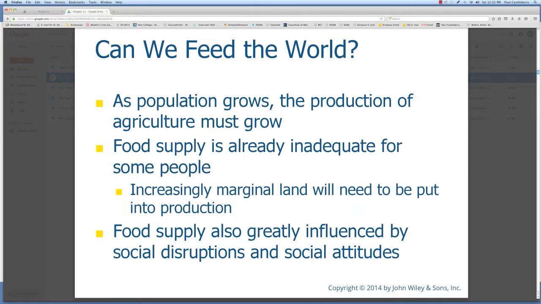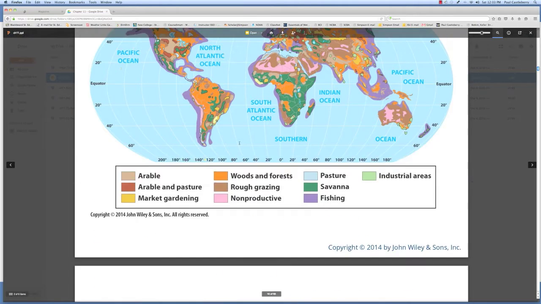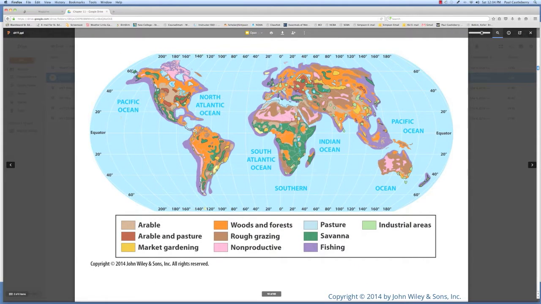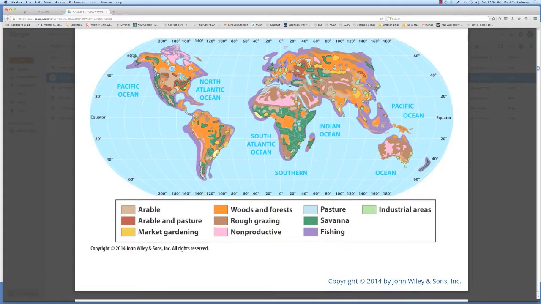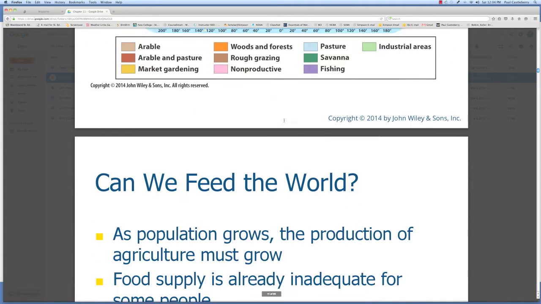So we'll need to get more production not only out of the arable lands, but some lands, and even possibly some of the desert regions, maybe finding some types of crops that actually can be used in agricultural production.